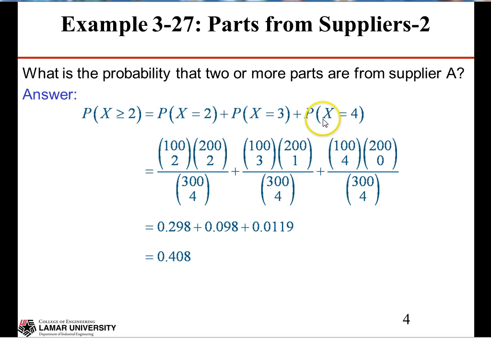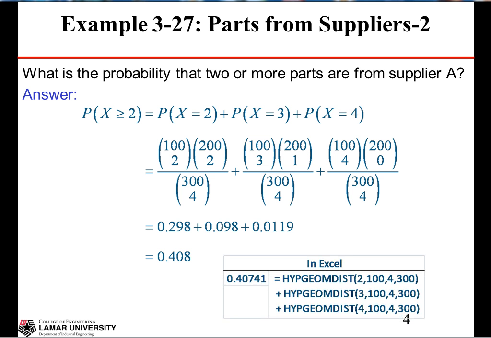Lastly, the probability x equal to 4 is select 4 out of 100 multiplied by select nothing out of 200, divided by select 4 out of 300. Finally we get the probability equal to 0.408. So you can get the same solution by plugging in the numbers.